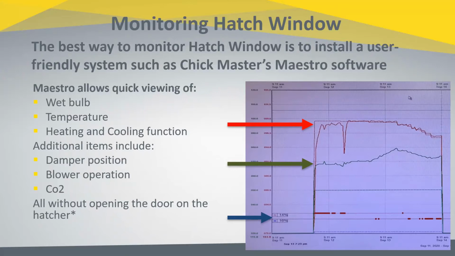That does provide some form of adequate information, but it's not near as detailed as you see with a good software system. In addition to that, you're influencing the environment in the hatcher. You're obstructing that environment, or oftentimes you can be disrupting it.